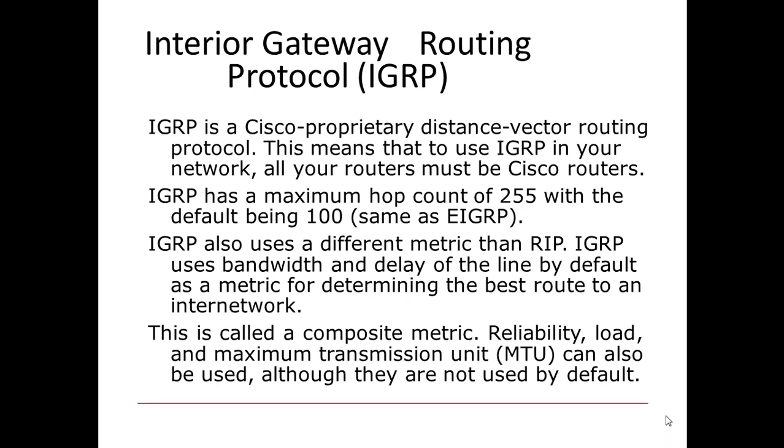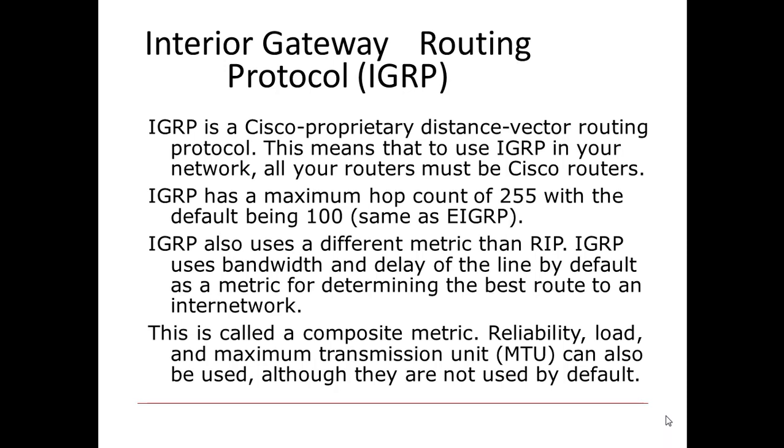So what's IGRP? IGRP is basically a Cisco proprietary protocol. It means that these are only applicable for the routers that are of the vendor Cisco. No other routers are using these kinds of protocols. It is a very good protocol actually, but it is owned by the Cisco company.